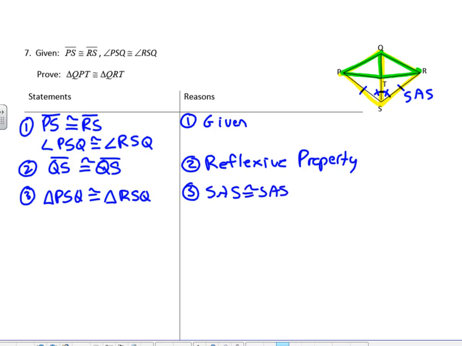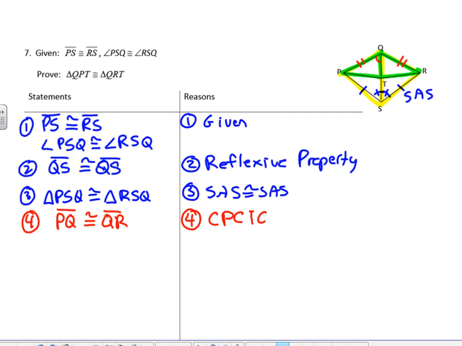Okay, now I'm going to use a different color to show us what we have here. At this point, PQ and QR are congruent by CPCTC. So PQ is going to be congruent to QR, because again, I'm trying to prove the green triangle is congruent. So corresponding parts of congruent triangles are congruent.